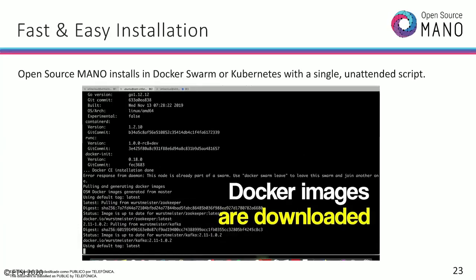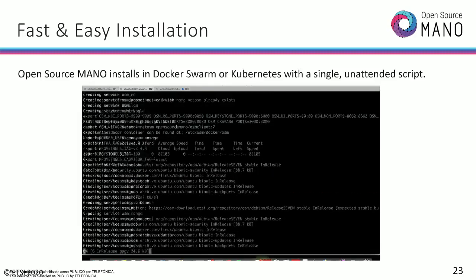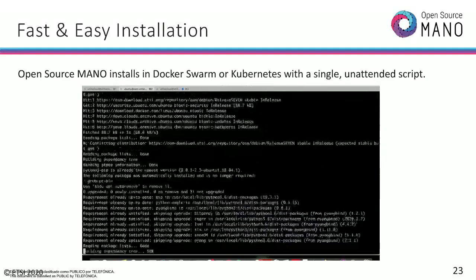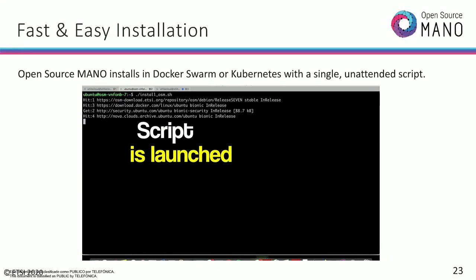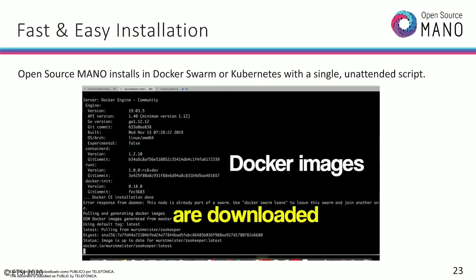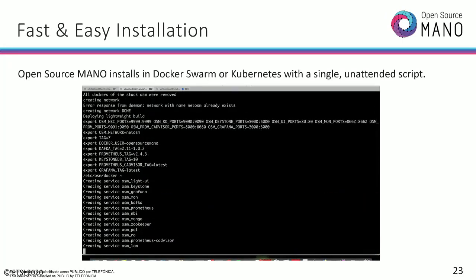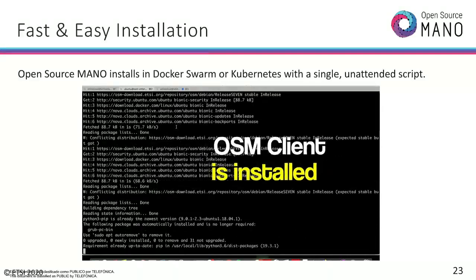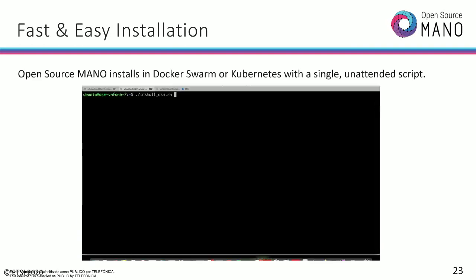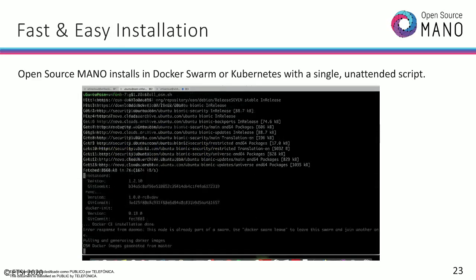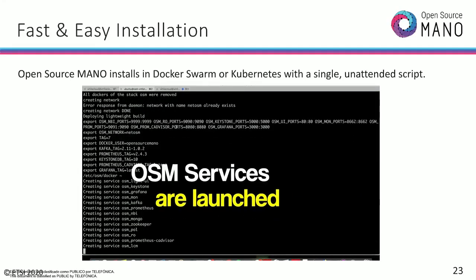When you launch the script, the Docker images are downloaded, and the OSM services are launched either over a Docker Swarm environment or a Kubernetes environment with a single unattended script, and then you've got OSM within minutes. OSM itself is a cloud-native application that runs completely over Docker containers, and I think that's one of the main reasons that we have a very large and active community, because it's easy to get OSM even on your personal computer.